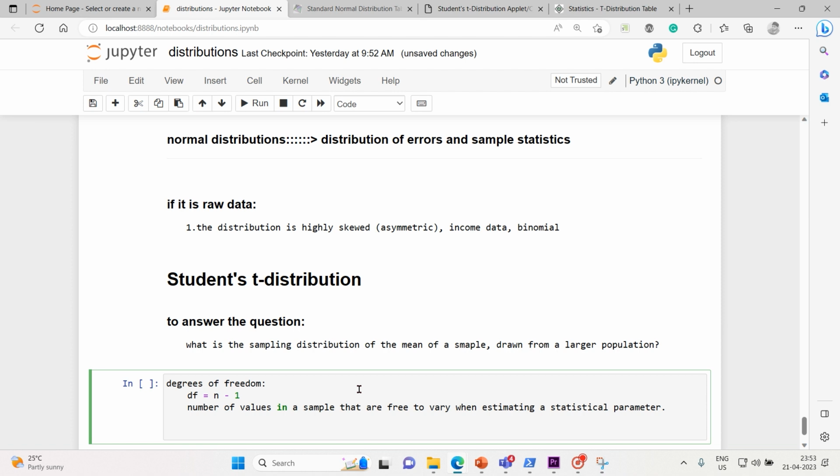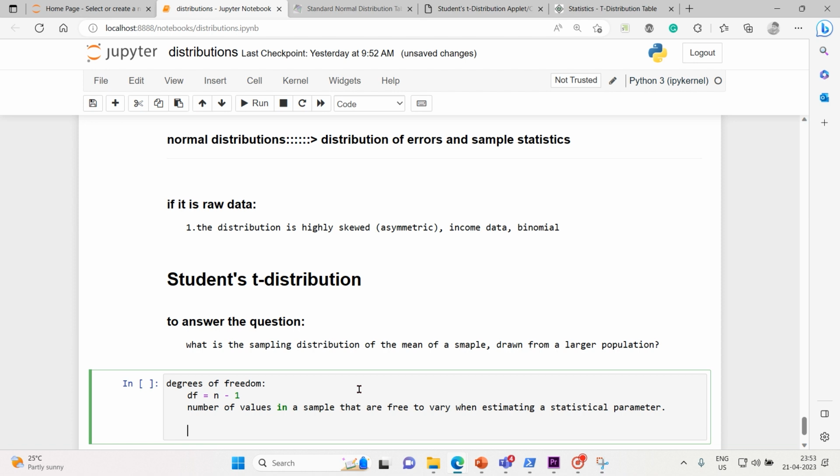This is because once we know the sum of the values and the sample mean, we can determine the value of the last observation, since the sum of all observations is fixed. This means that there are only n minus 1 observations that are free to vary. That is why we subtract 1 to get the degrees of freedom. I hope you're getting what I'm trying to explain with this much pain.